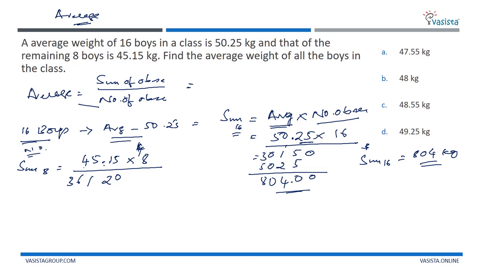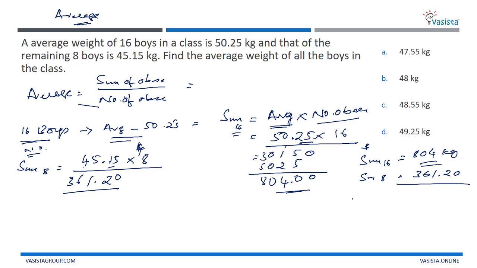After the decimal there are 2 digits, so the sum of 8 boys is 361.20 kgs.